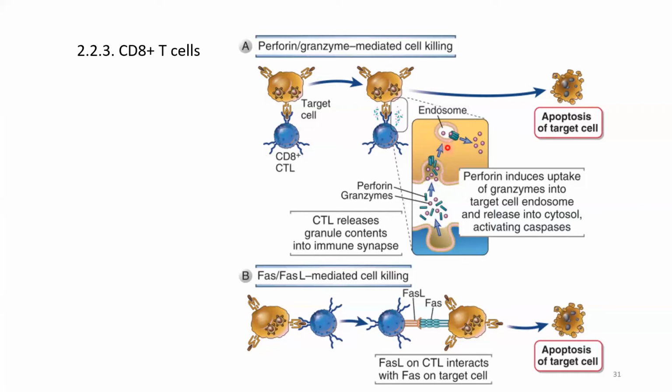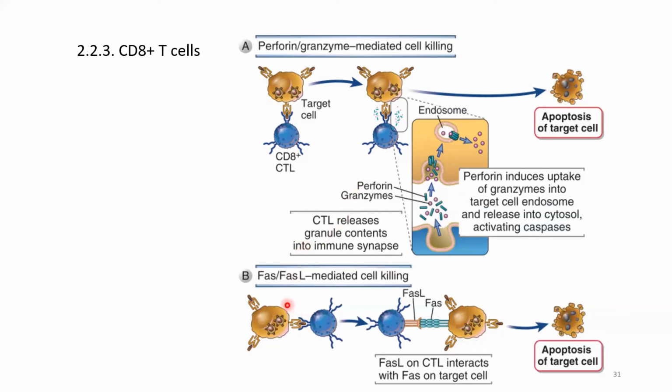Granzyme means the enzymes in the granules, which contain many types of enzymes, so we call them granzymes. Inside the cell, granzymes can trigger apoptosis and cause cell death of the target cells in order to clear the antigen. The bubbling of the cells, the apoptotic bodies, will be cleared by macrophages to clean and eliminate the pathogen.